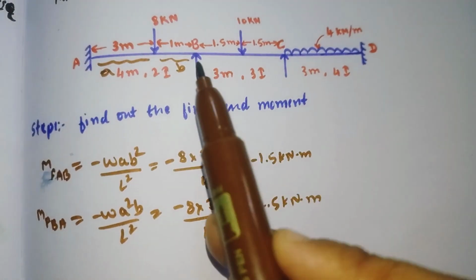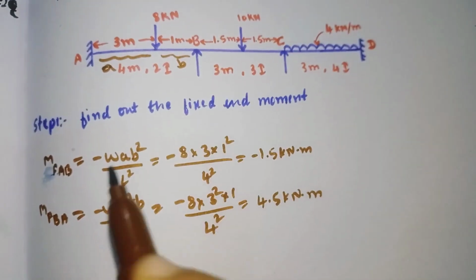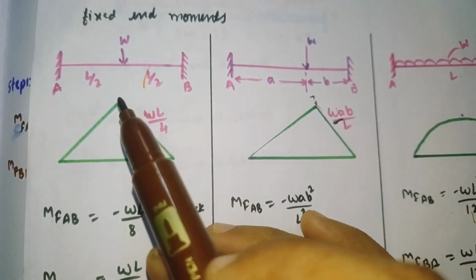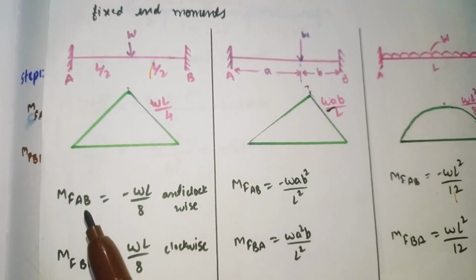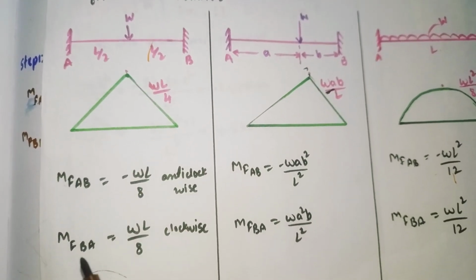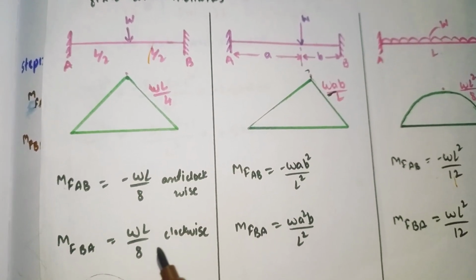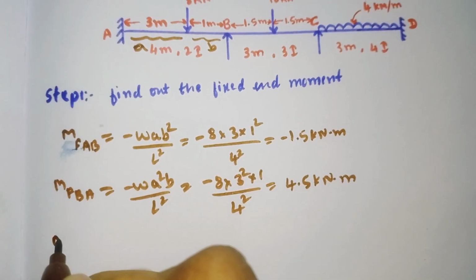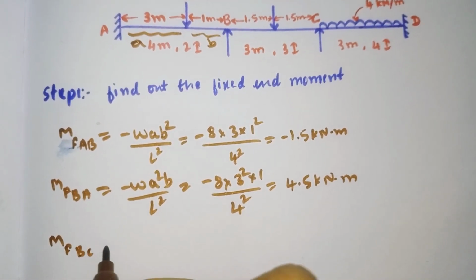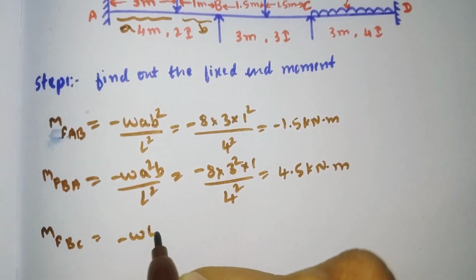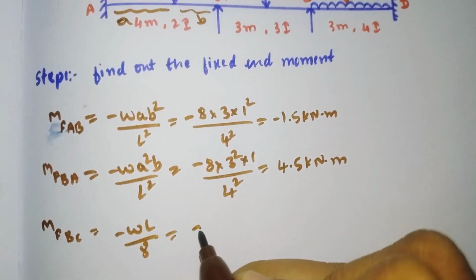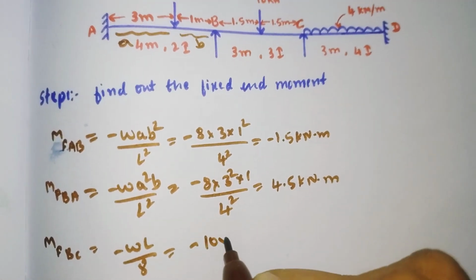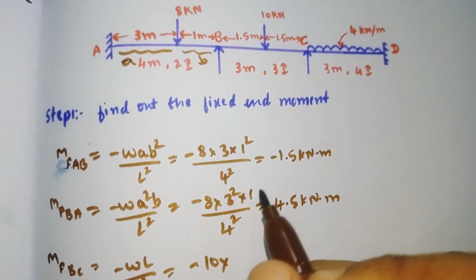Now similarly for span BC, it is carrying a point load of 10 kilonewton present at the center. For that we have the formulas MFAB is equal to minus WL divided by 8 and MFBA is equal to WL divided by 8. By using these two formulas we will calculate the fixed end moments for span BC. MFBC is equal to minus WL divided by 8, with load 10 kilonewton and length 3 meter.